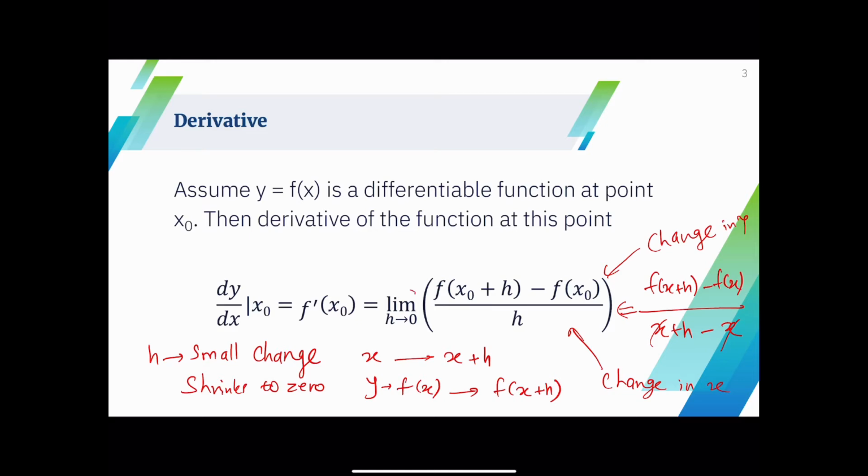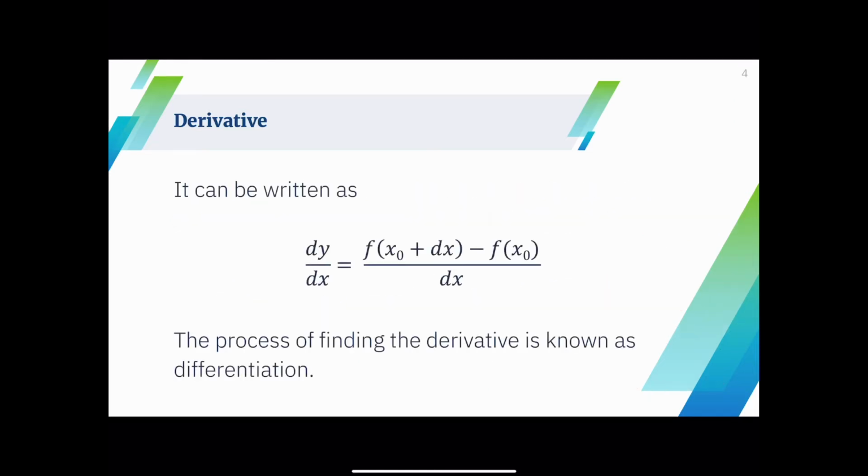And this is the limit as h tends to 0, it's just shrinking to 0. If we are given this function, a very small change like this denotes dy or dx. So in another form, it is written like this, a simplistic form of this.